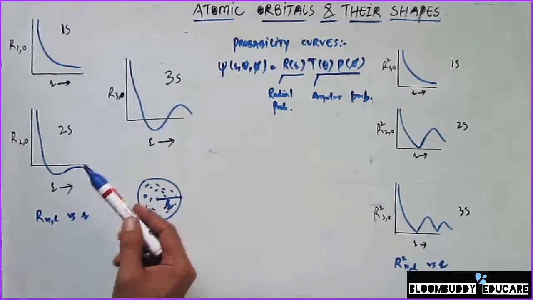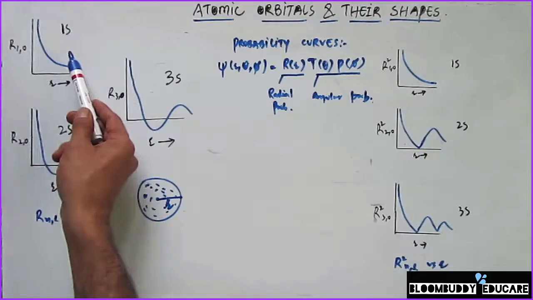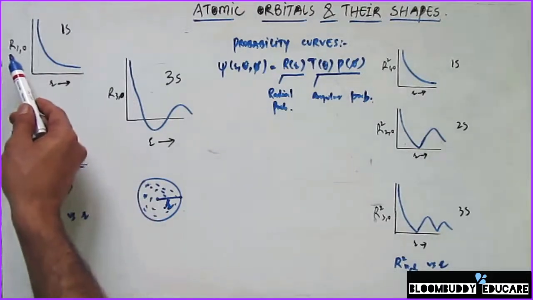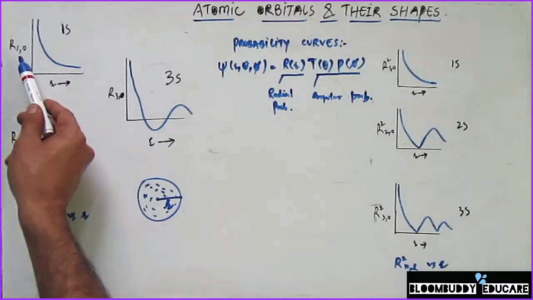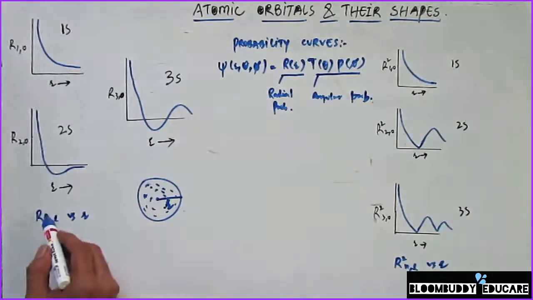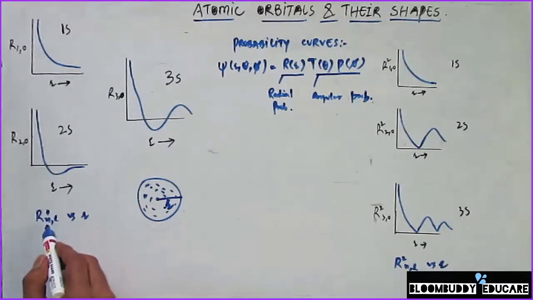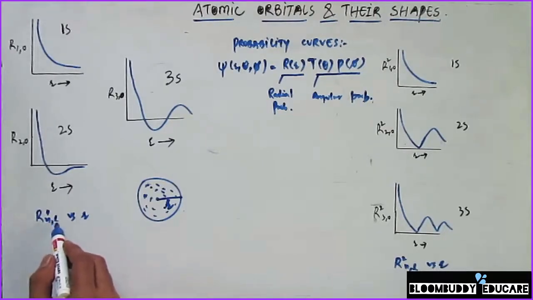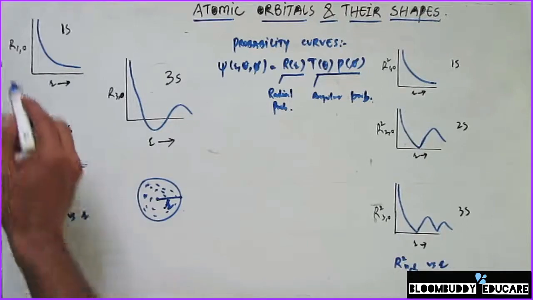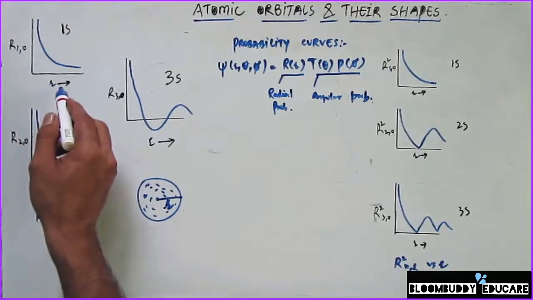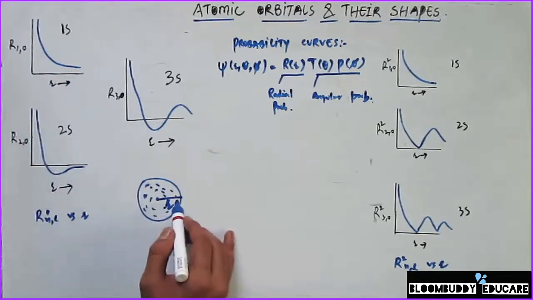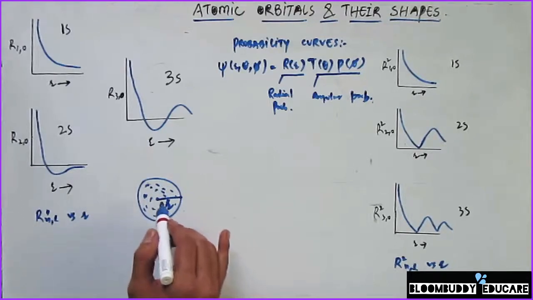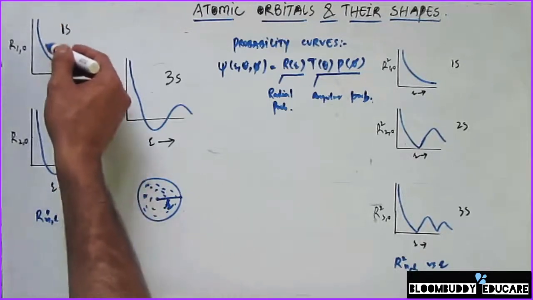For 1s, I am plotting R10, which means n, the principal quantum number, is 1 and the azimuthal quantum number L is 0. When I plot R10 against the distance from the nucleus, I get this kind of curve.